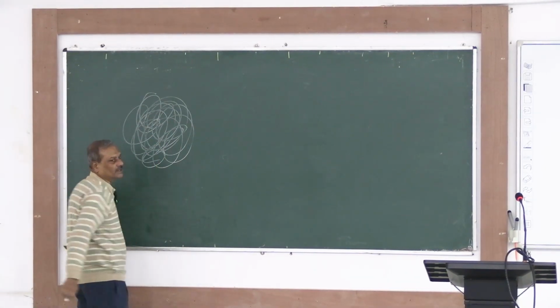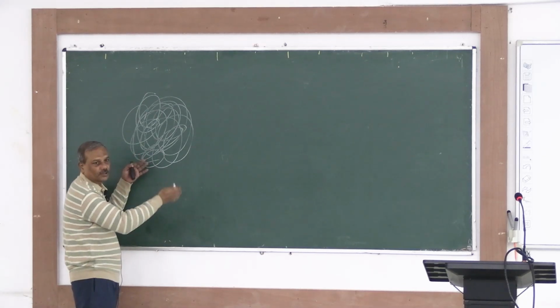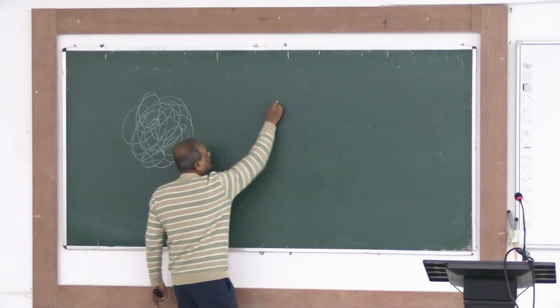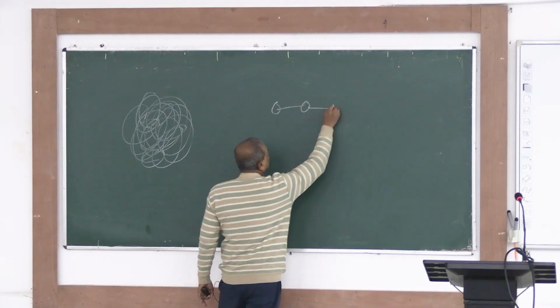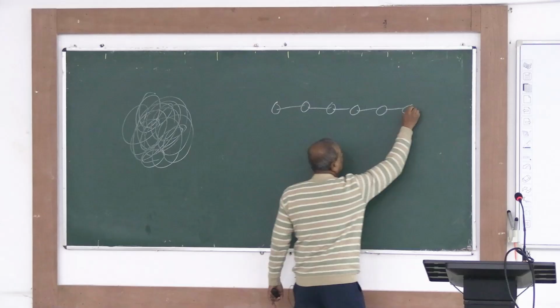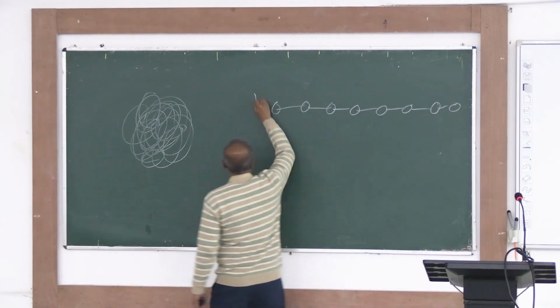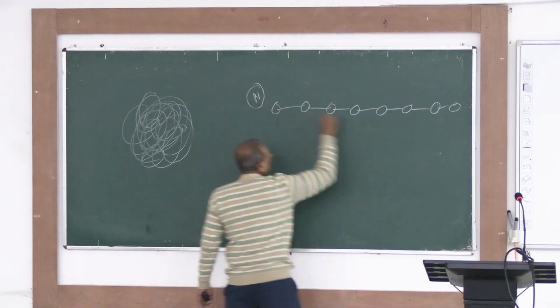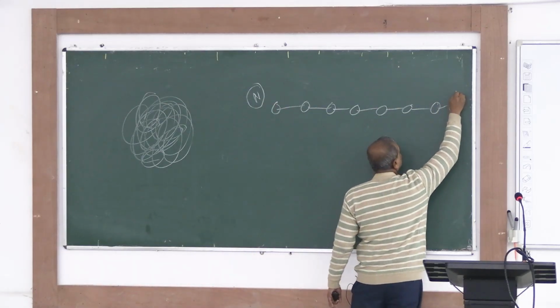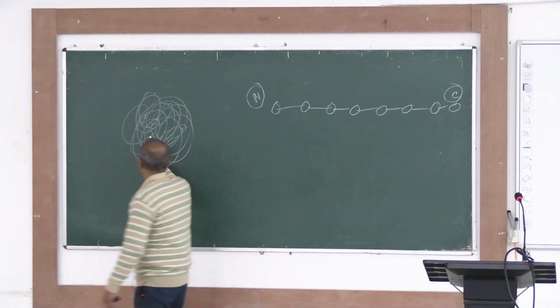What is done basically is that the structure is unfolded to a linear structure, just like this one. This is how the polypeptide chain was formed. So, this one is the N terminal, and this one is the C terminal.